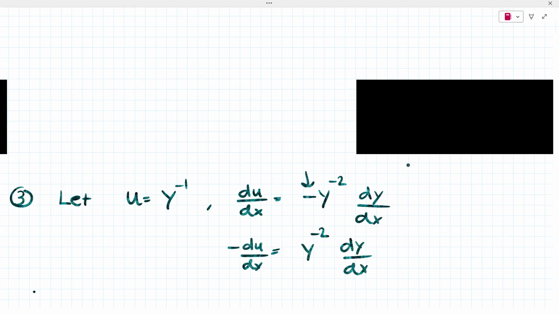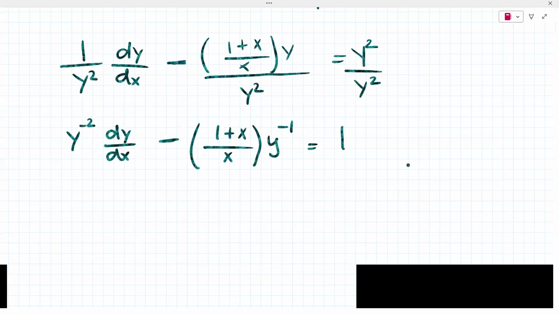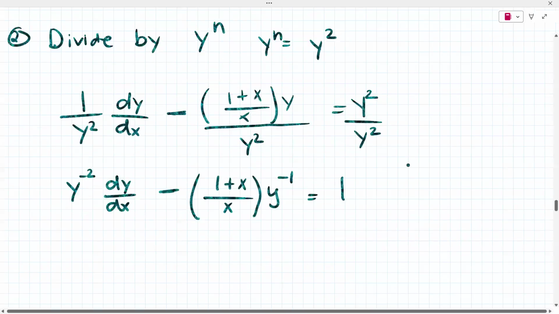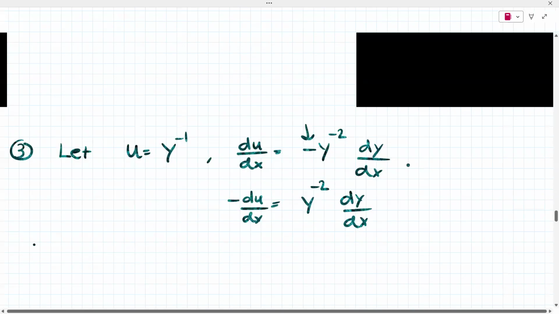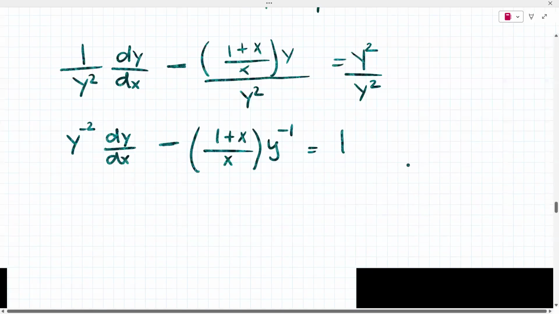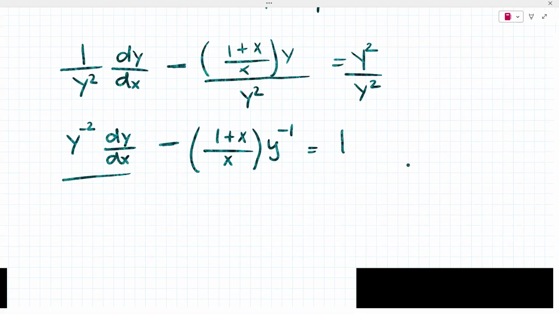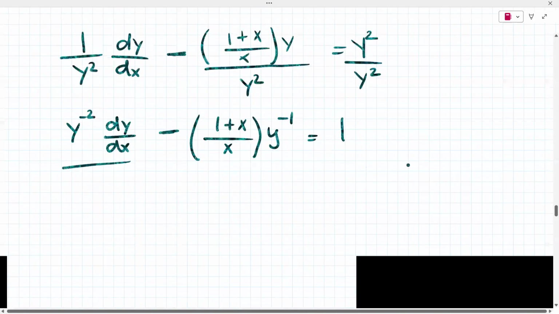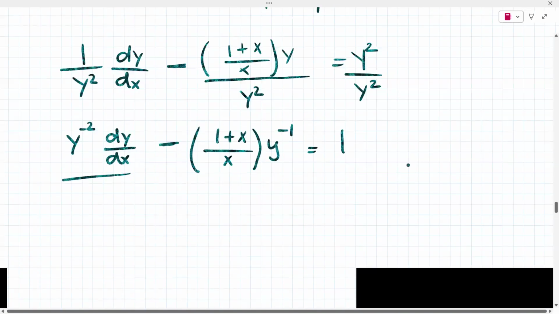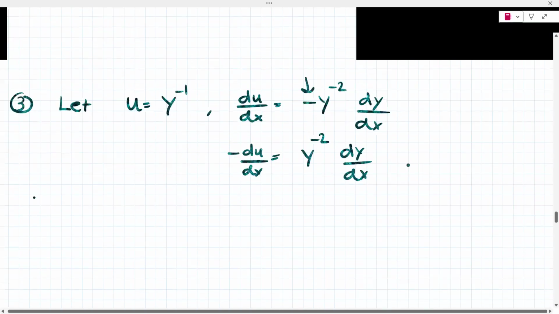Okay, so now what we're going to do is substitute. Right, we can replace, what can we do? So we can replace y to the negative 2 dy. So if you go back to this step, you can replace this whole thing with negative du dx. And then you can replace y to the negative 1 with u, because we want to put it in a linear differential equation, right? So that's what we're going to do.